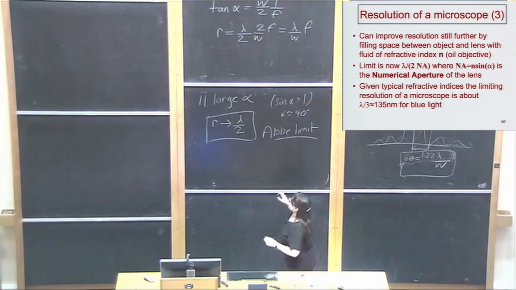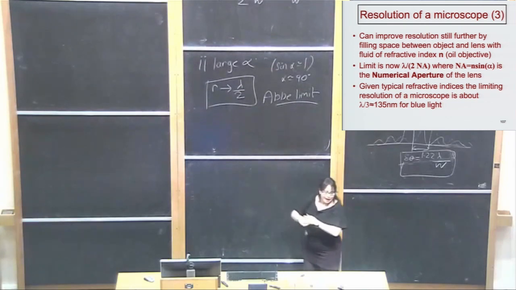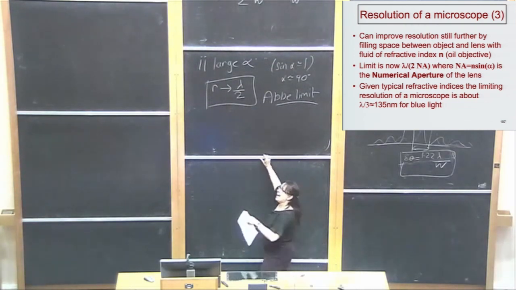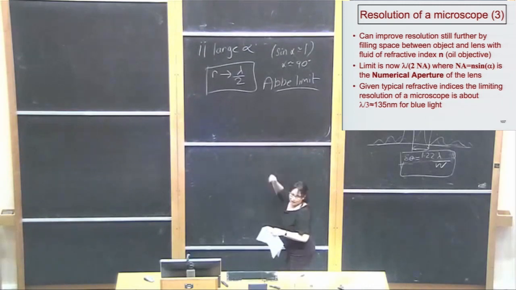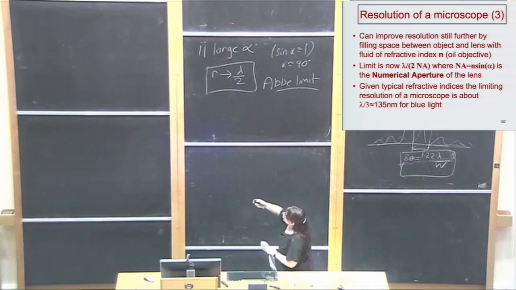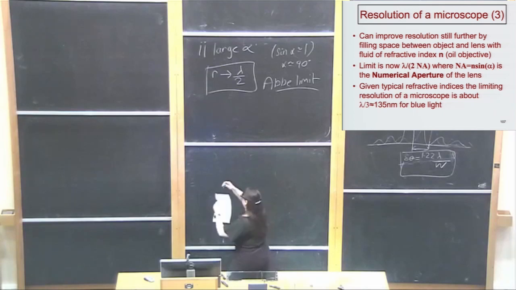Okay, so I've just said that that's the best you can do. Let me qualify that just a little bit more. As usual, I say something and then say it's not quite true. So actually, it turns out if you do the full calculation, it's not lambda over 2 sine theta that you've really got going on.